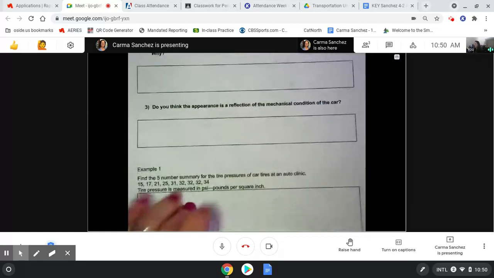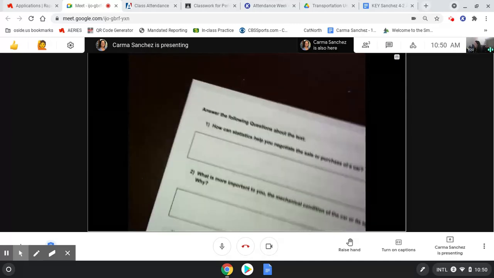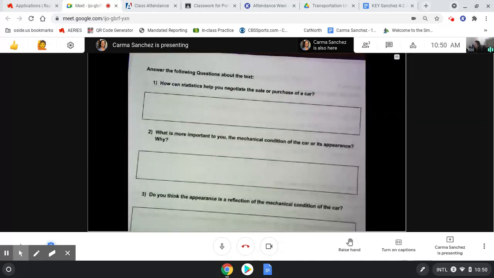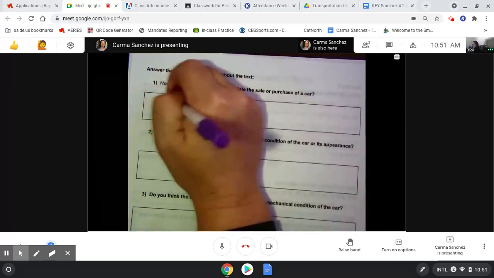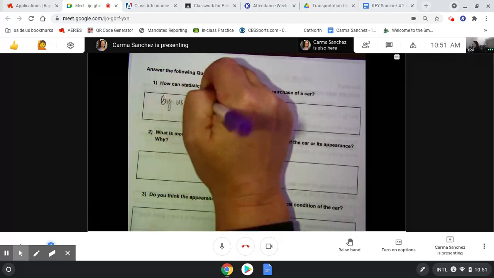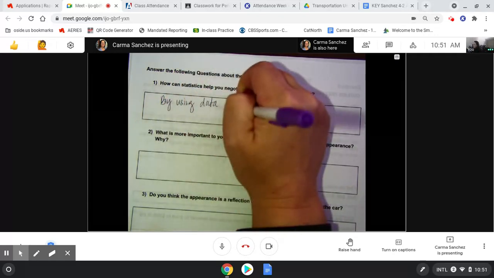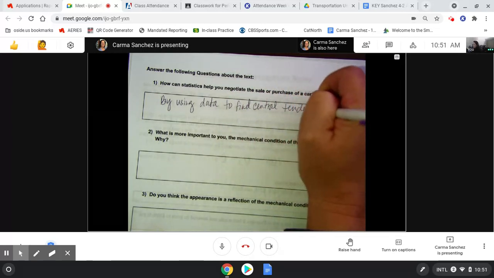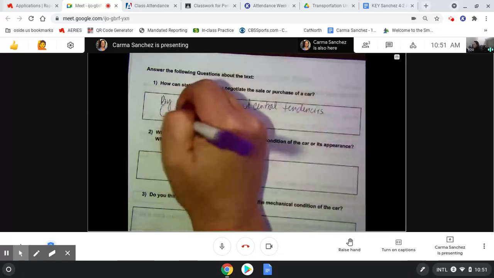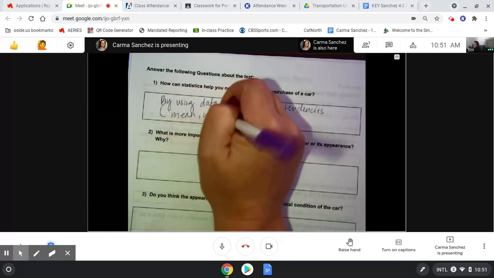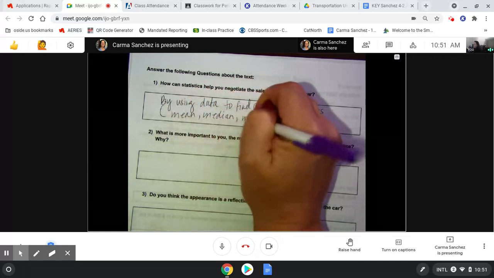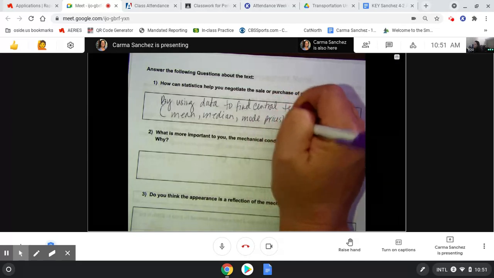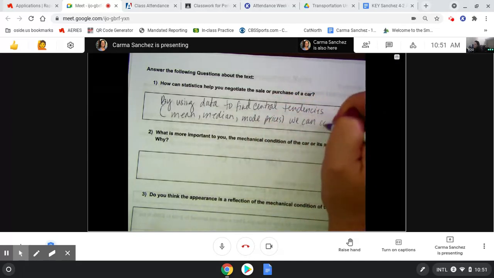All right. So how can statistics help you negotiate the sales price or purchase of a car? By using data to find central tendencies, and I'm going to put in parentheses the mean, the median, or the mode prices, we can compare car prices.